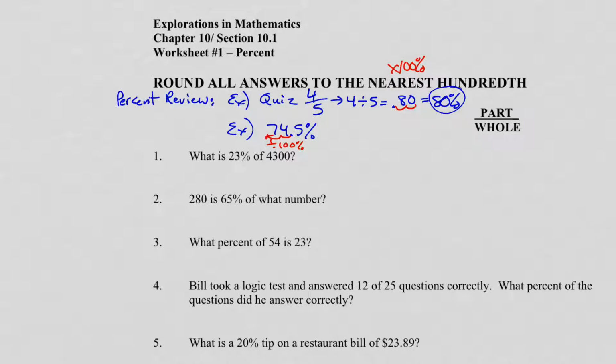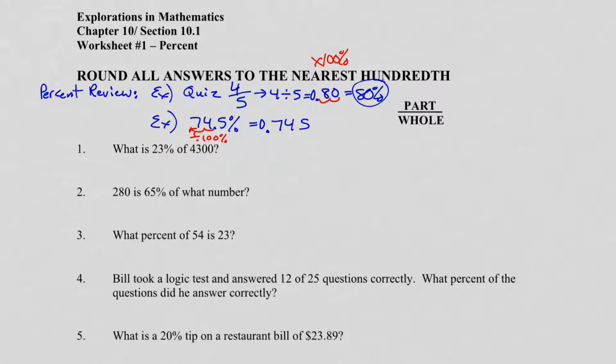You want to drop that percent sign, and it's 0.745. And you can put zeros in the front if that helps you. So that's basically what we're going to be doing a lot of.